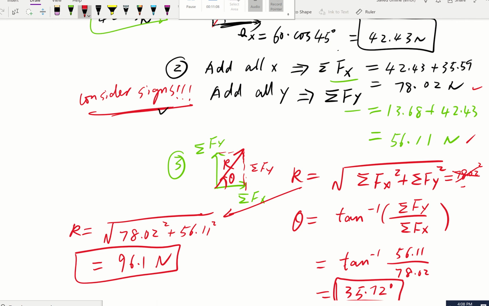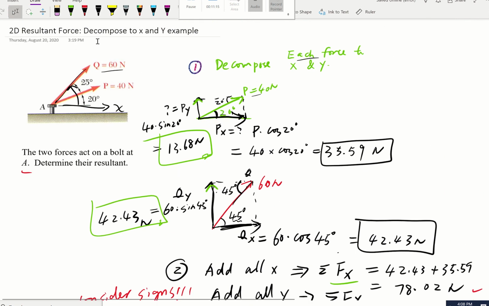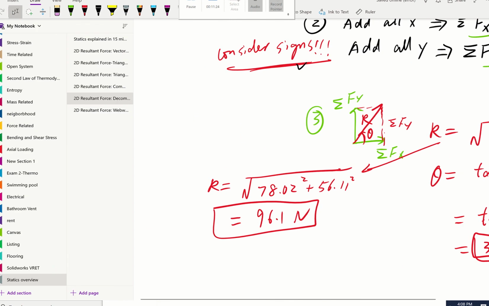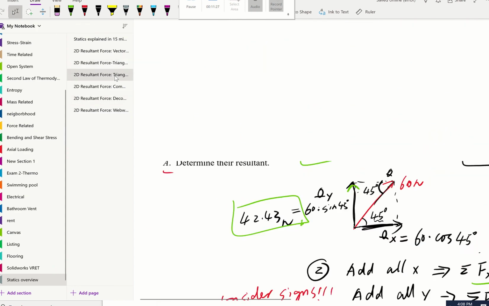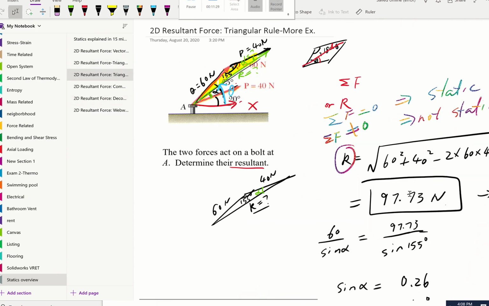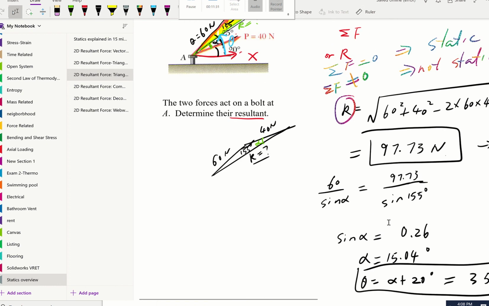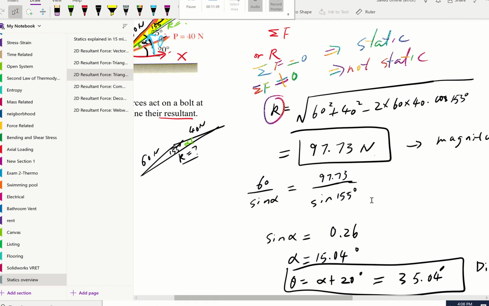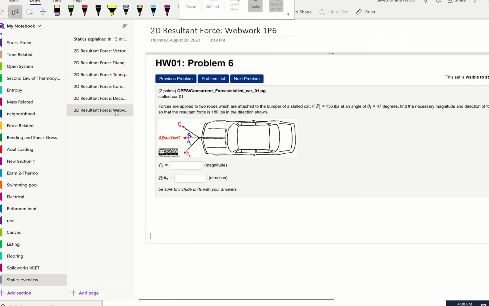96 and 35.7 degrees. Then I'm curious if this method, which is the new method called decompose to x and y, gets the same answer as what we did in the triangular rule. Okay, 96 Newton and 35. So let's go back. I think I have it over here. So we have 97.73 and it's 35 degrees.